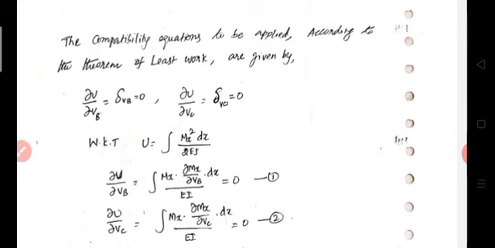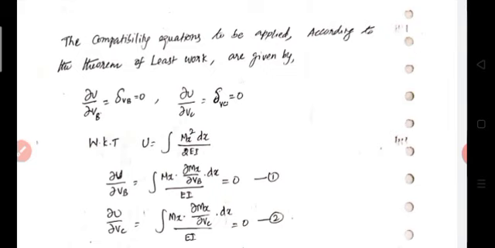Since the beam is a flexural member, it is mainly subjected to bending moment. Therefore the strain energy stored in a beam is equal to integral of M² dx divided by 2EI. Now substitute strain energy in the above equation. The final equation will be ∂U/∂VB is equal to integration of Mx ∂Mx/∂VB dx divided by EI equal to 0, first equation.